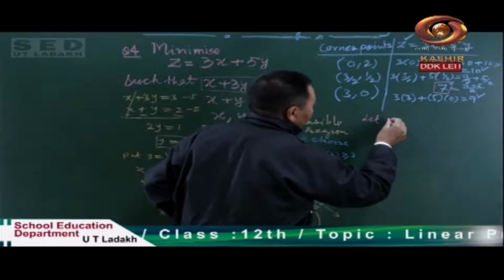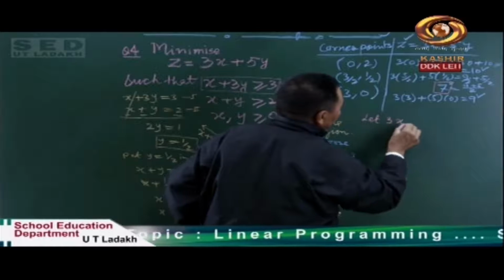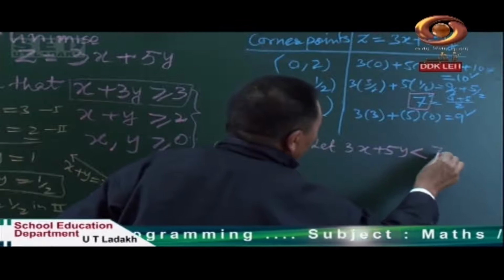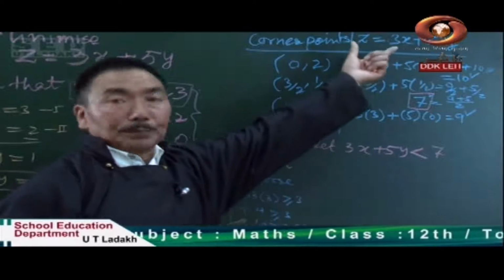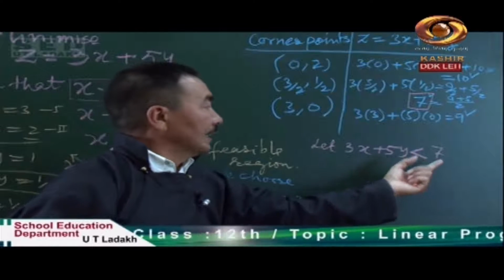For verification, we take the objective function: let 3x plus 5y be less than 7.